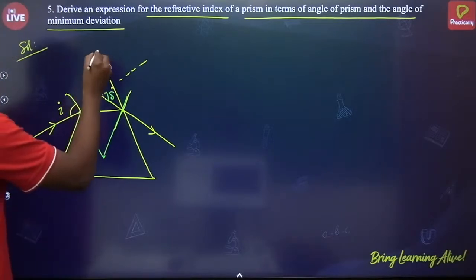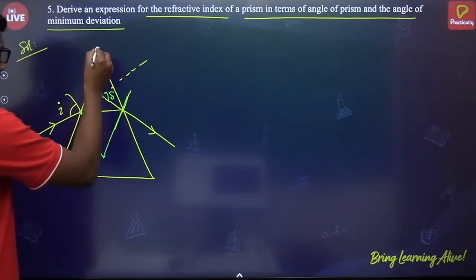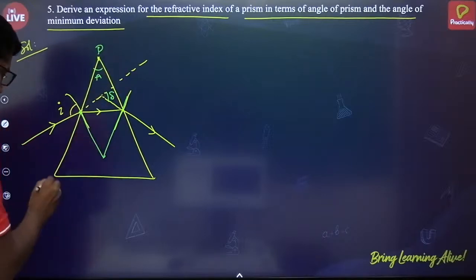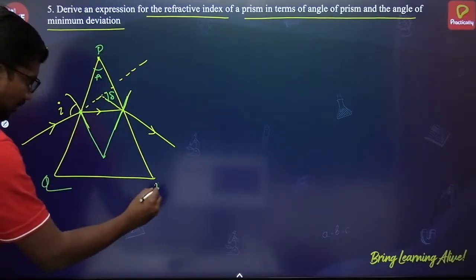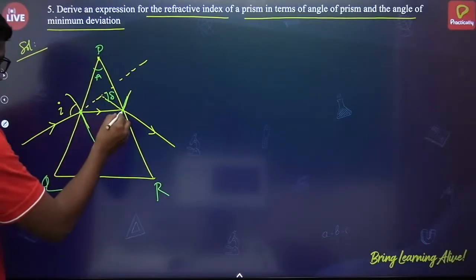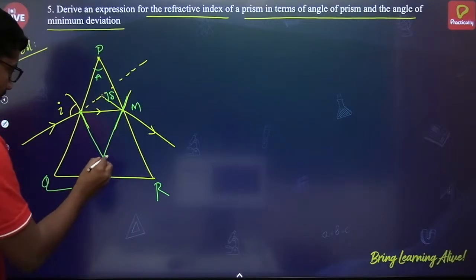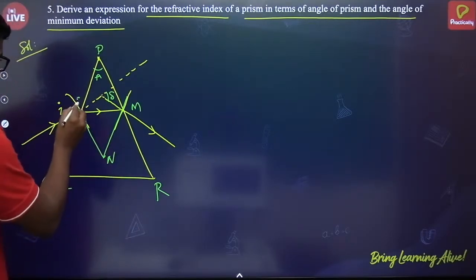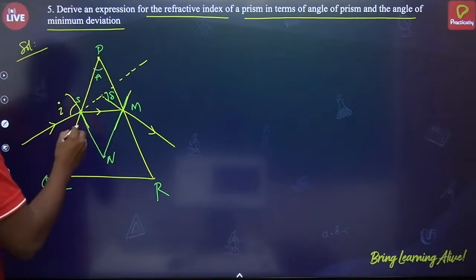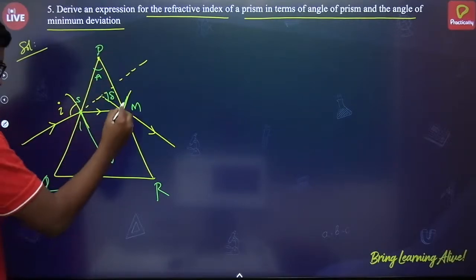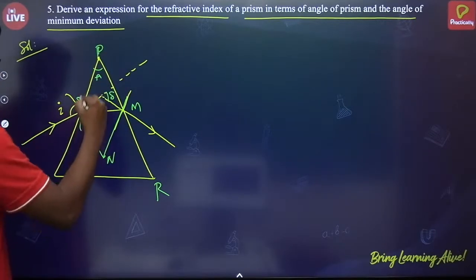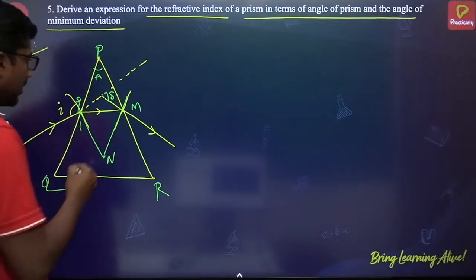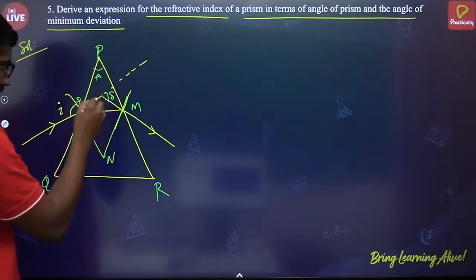Now you can mark this as P, Q, R, and this as M, N, S. So this MNSP looks like a rhombus shape.